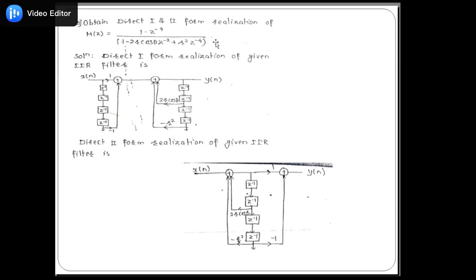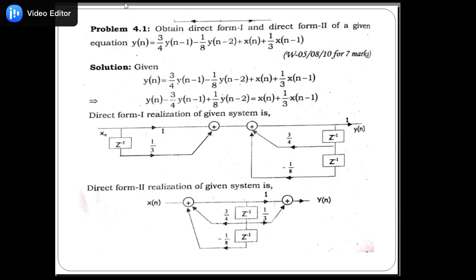Y of n is multiplied with this denominator. Then that will generate 1 is multiplied with y of n. Then delay by 2 sample. This delay by 2 sample and delay by 4 sample. With this, if you have performed the direct 2 form, the combination will take place. That will be shifted on left side, that will be shifted on right side, and that combination is called as a direct 2 form realization.